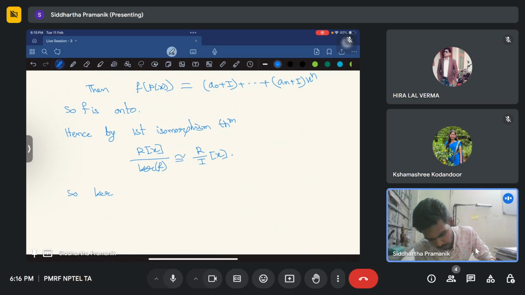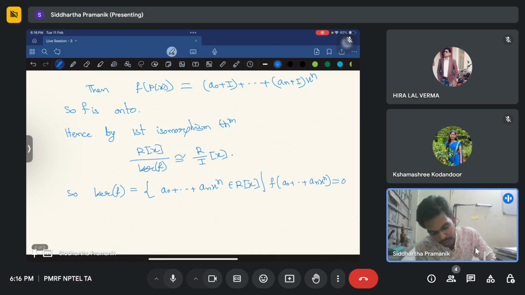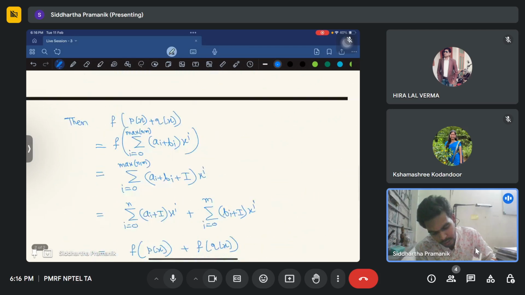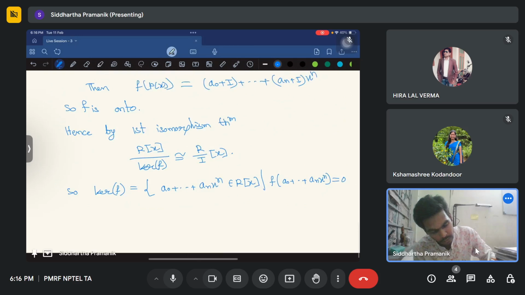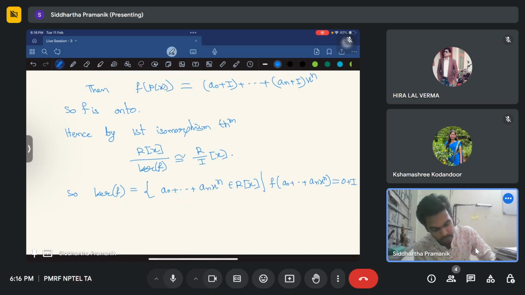So kernel of f, by definition, is all those polynomials in R[x] whose image is 0, such that f(a0 plus ... plus an x^n) is 0. But 0 means it's the zero polynomial in this ring (R mod I)[x].